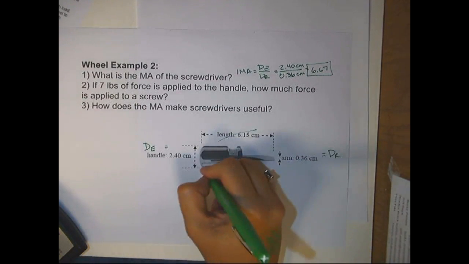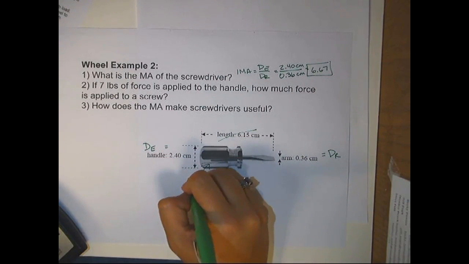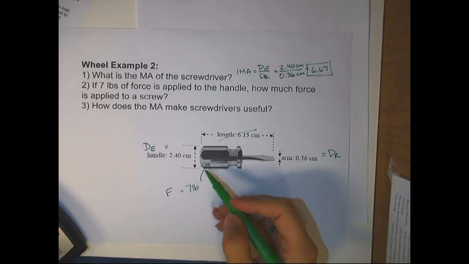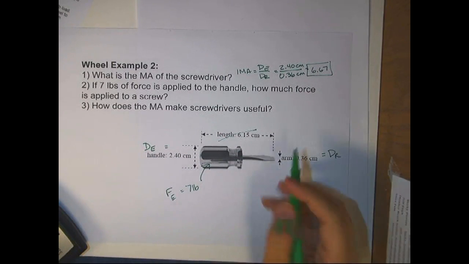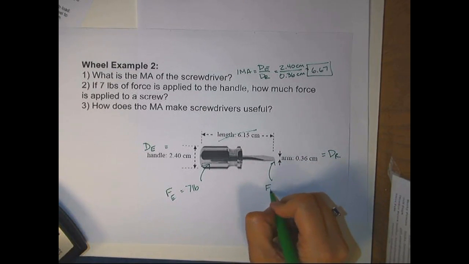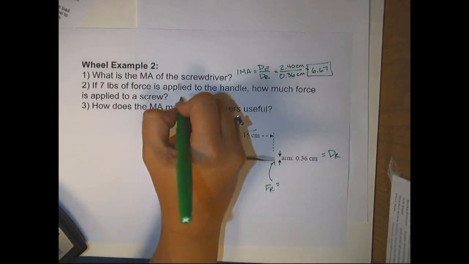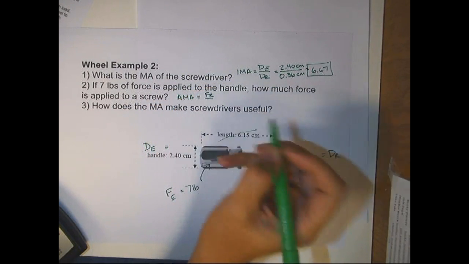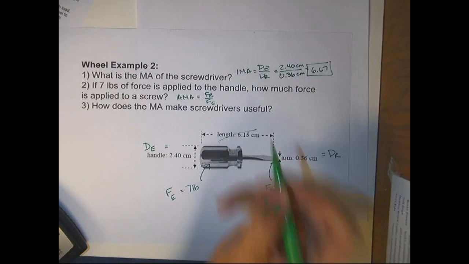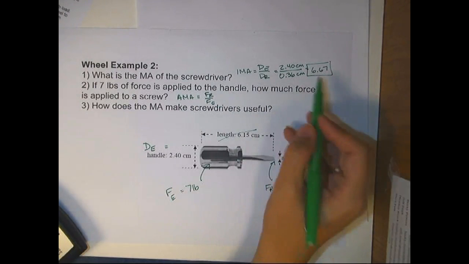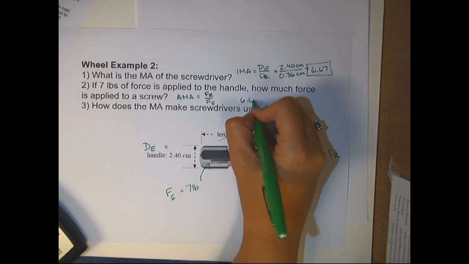Then it says if 7 pounds of force is applied at the handle, that's where the effort is, how much force do you get at this end on the screw? Well, I'm going to use AMA equals FR over FE. I don't know my FR, but I do know my AMA is the same as my IMA.